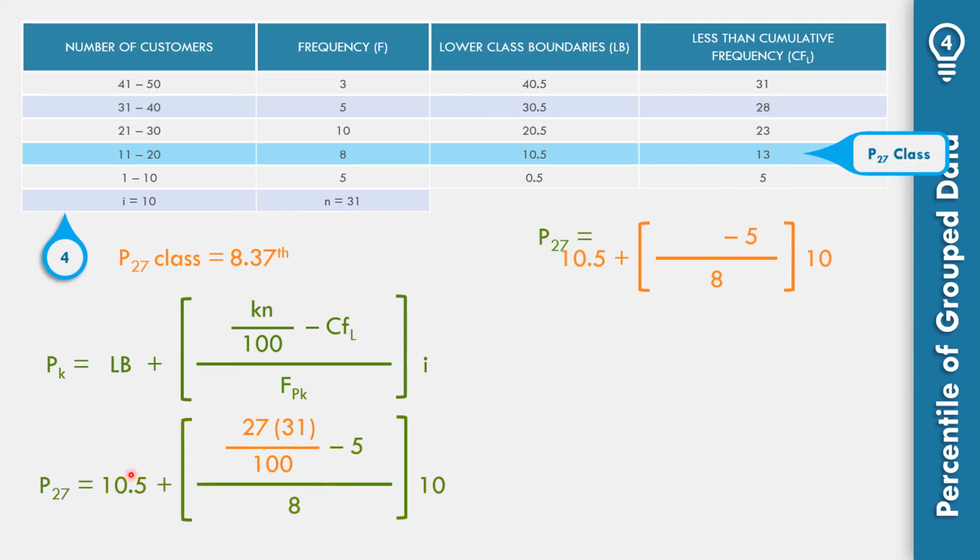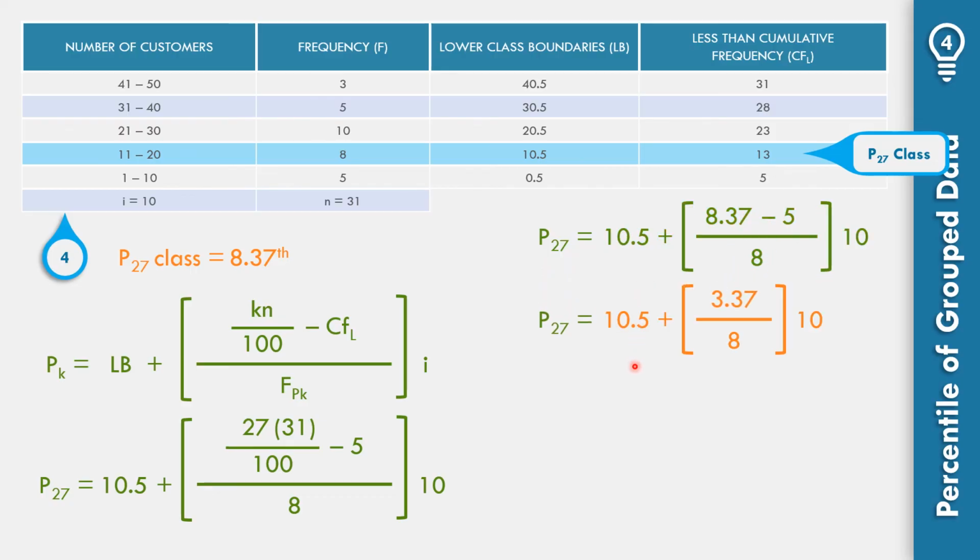So P sub 27: copy 10.5. 27 times 31 divided by 100, the answer is 8.37. Copy negative 5, copy the denominator 8, copy the interval 10. So we subtract 8.37 minus 5, the answer is 3.37. Copy the denominator 8 and 10. So 3.37 times 10 is equal to 33.7.